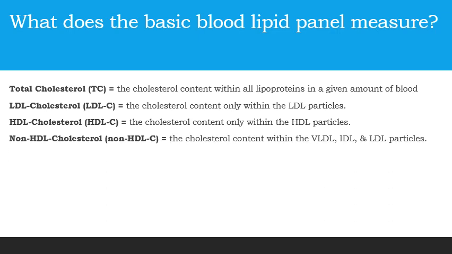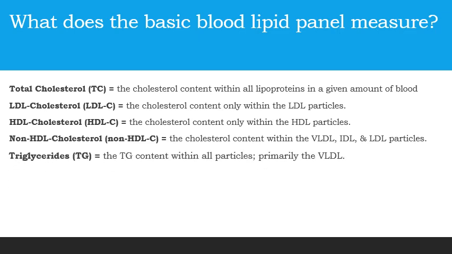You can also see your non-HDL-C, and this is the cholesterol content within the LDL plus the VLDL and IDL particles. Triglyceride is another number you can see, and this is telling you what the triglyceride content is within all the particles.